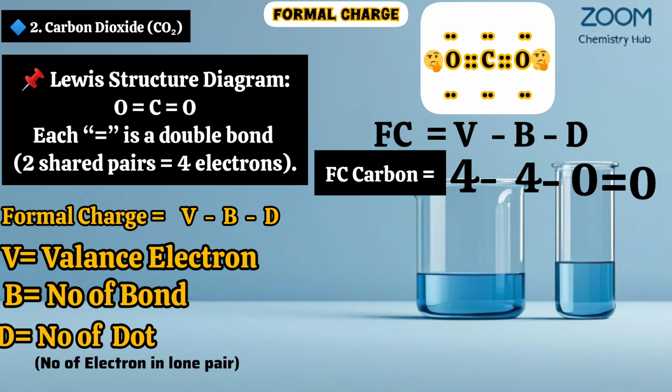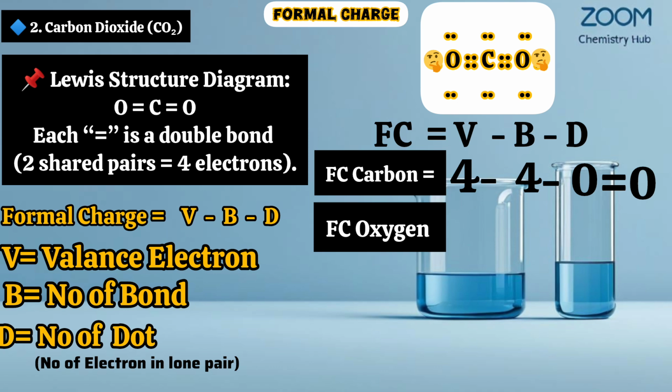Now we will calculate the formal charge of oxygen in the carbon dioxide molecule. We know that the valence electrons of oxygen are 6, minus the number of bonds formed in carbon dioxide, that is 2, minus the number of dots present in the lone pair, which are 4.